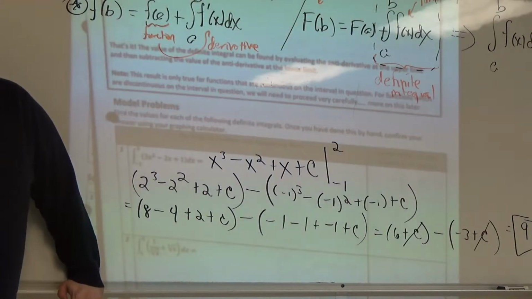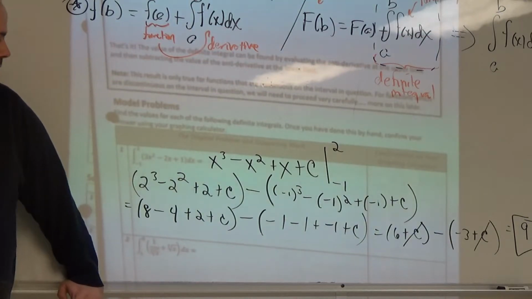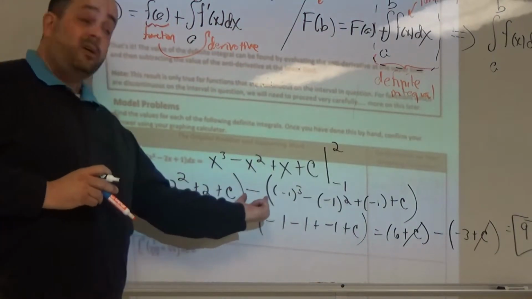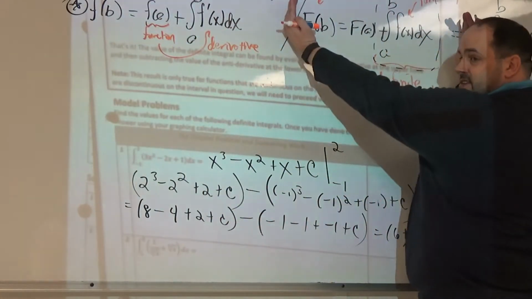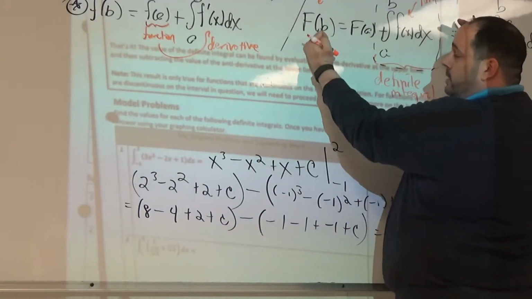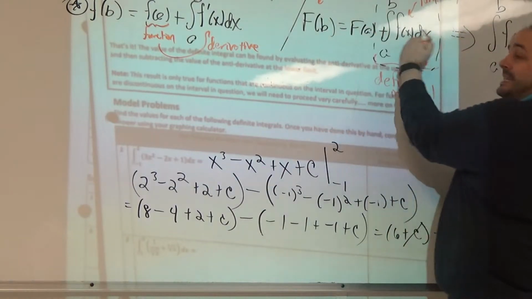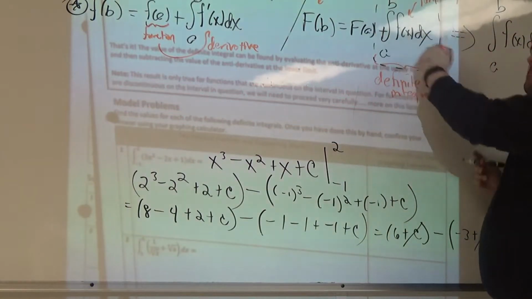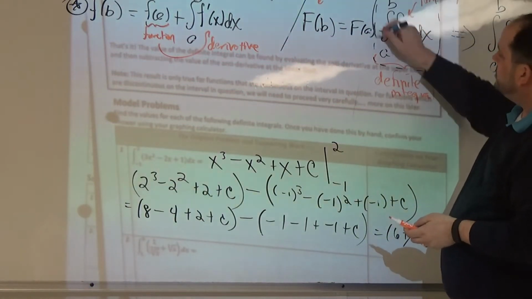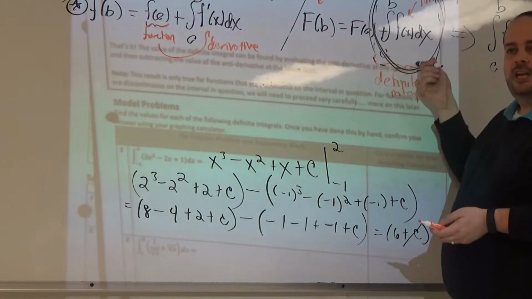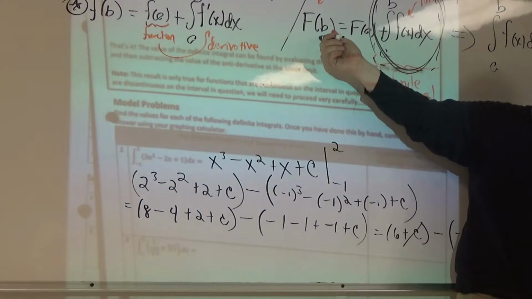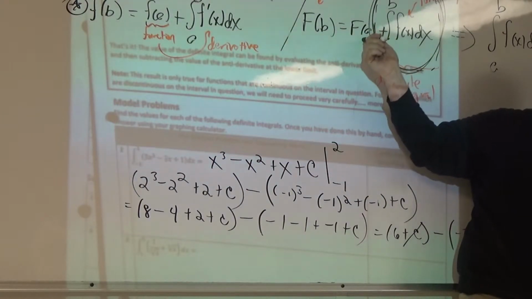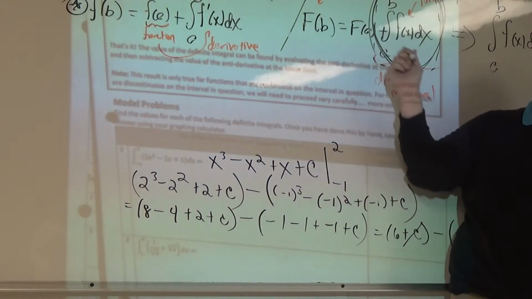Questions before you guys try a second one? Why did you subtract in between the two? So the original fundamental theorem of calculus says that the final equals the initial plus the total change, right? But what we're really going after is the total change part. So I find the antiderivative at the end point, I find the antiderivative at the start, and I subtract those two from each other.